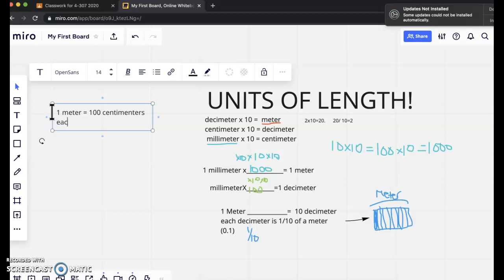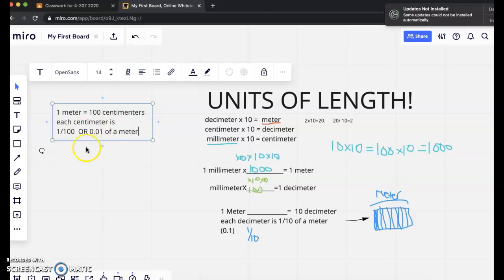So each centimeter is, we would say, 1 out of 100, because it's only one piece. 1 centimeter is 1 out of 100 meters, which is equal to 1 over 100, or 0.01, because it's super small, meters.